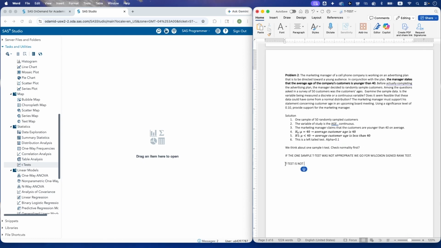I'm talking about one sample. The t-test is not appropriate if the data level is ordinal or the population is not believed to be approximately normally distributed.